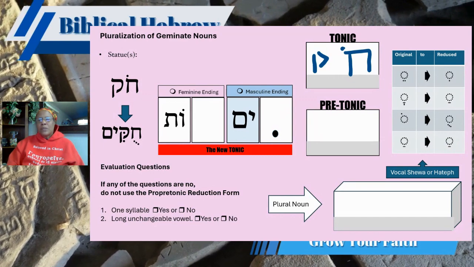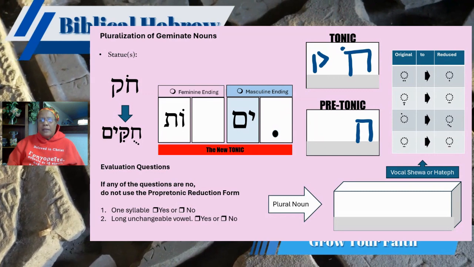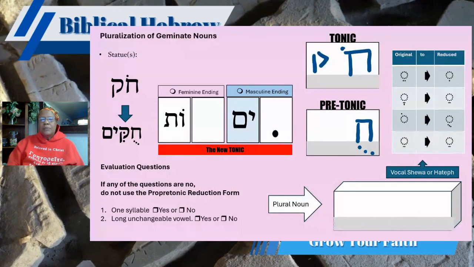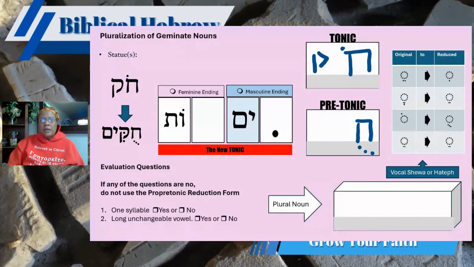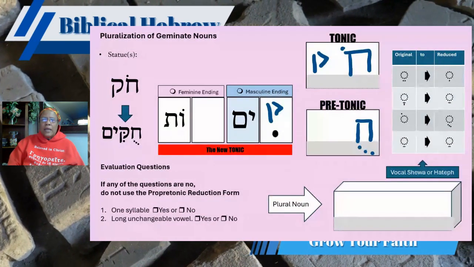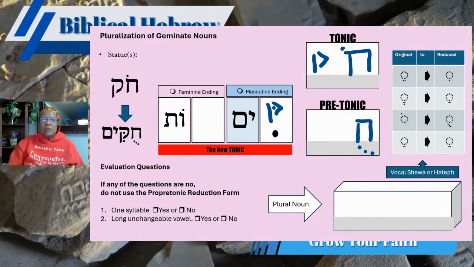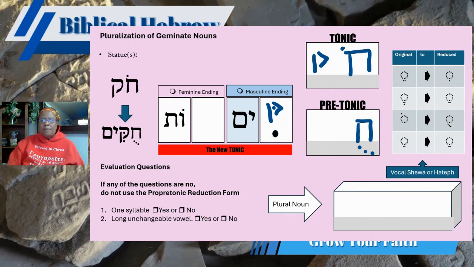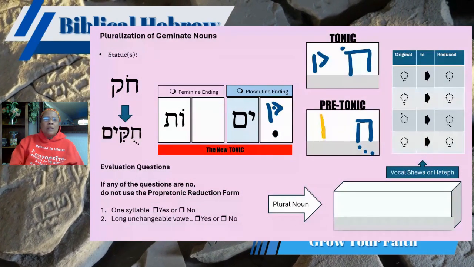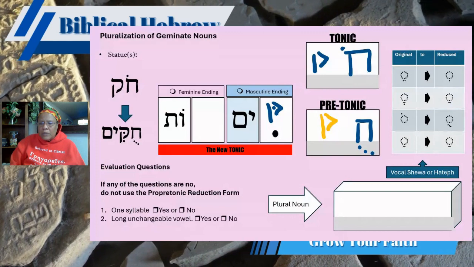So chet with a kibbutz, and the kof is going to go here with a dagesh in the middle, and we might as well still the letter just to remind us to pronounce it, but we just don't write it.